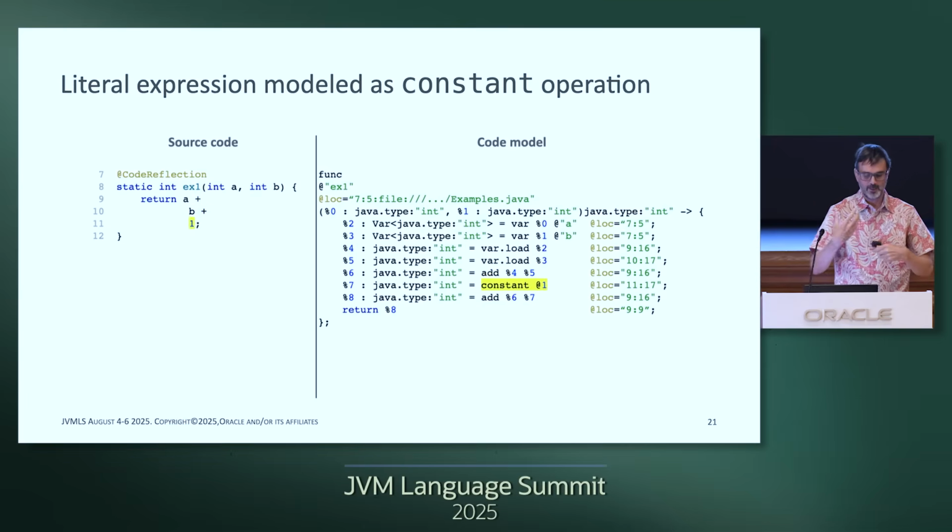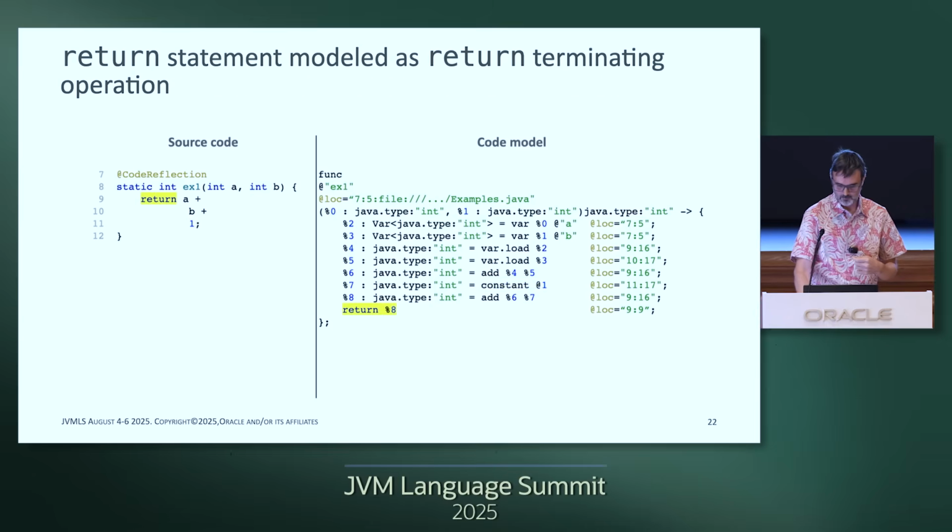The literal 1 is modeled as a constant. Then the return statement is modeled as a return operation, a terminating operation, and it says I'm returning an int value that corresponds to the type that the body yields.